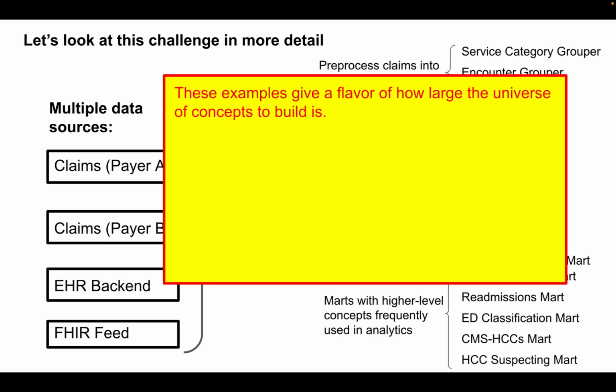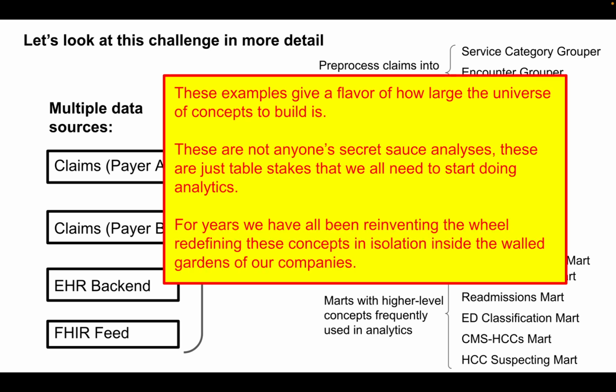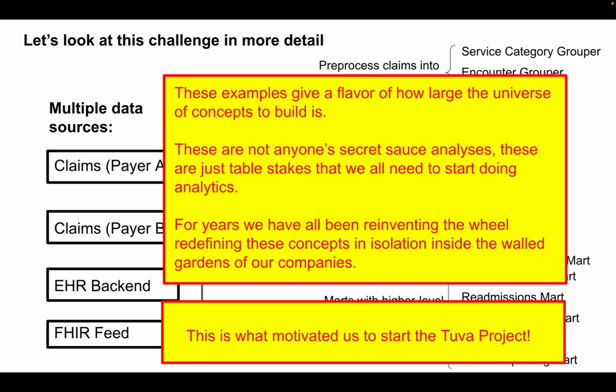So these examples give a flavor of how large the universe of concepts to build is. This is not meant to be an exhaustive list, but it gives you a flavor of how many concepts you need. These are not anyone's secret sauce analyses. These are just table stakes that we all need to start doing analytics. And for years, we've all been reinventing the wheel, redefining these concepts in isolation inside the walled gardens of our companies. This is exactly what motivated us to start the Tuva Project.